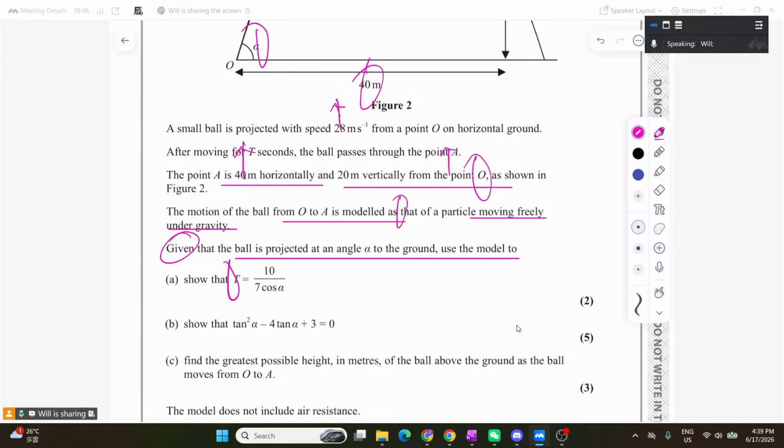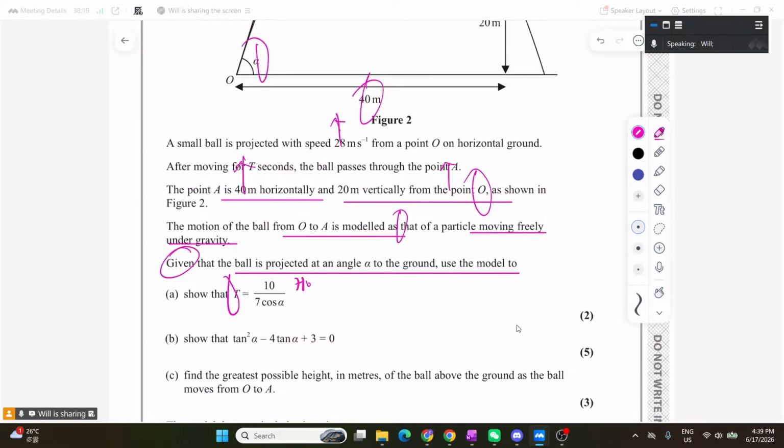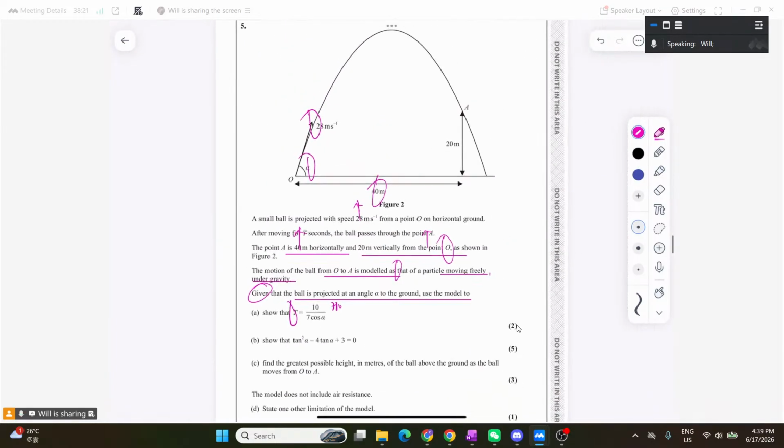First one, to show that t equals 10 over 7 times cosine alpha. For this one, we can use the horizontal motion. No problem. We know that in the horizontal direction we have constant speed motion, like x equals u x times t.